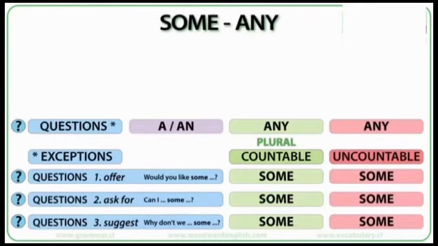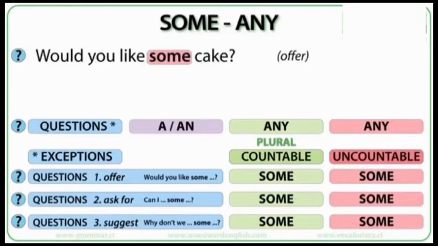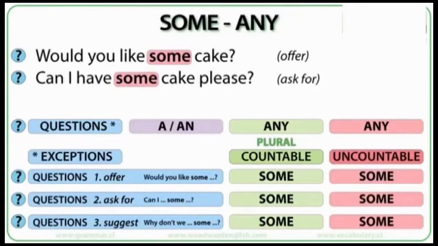Would you like some cake? Here I am offering cake. When you offer something, we use some. Notice how I am not specifying the amount of cake that I am offering. Can I have some cake, please? I am asking for some cake.